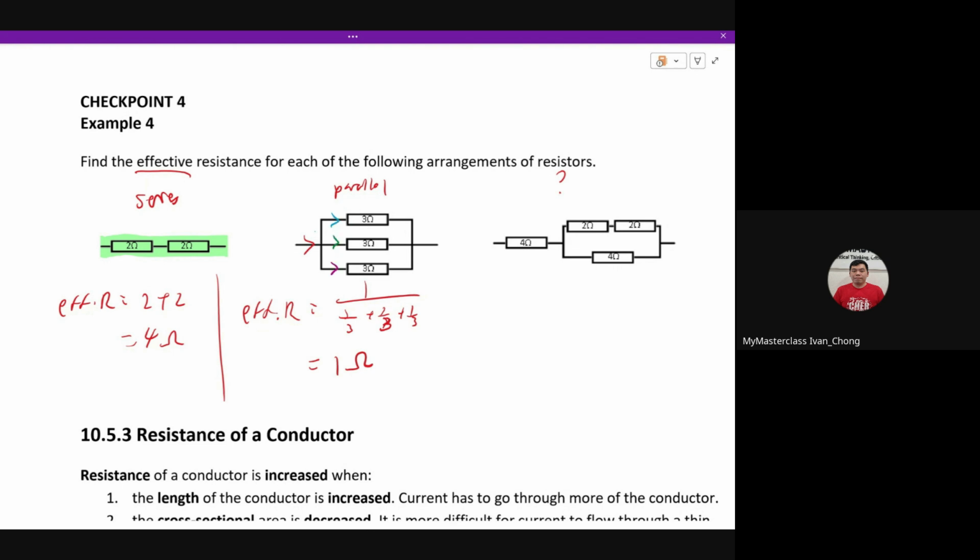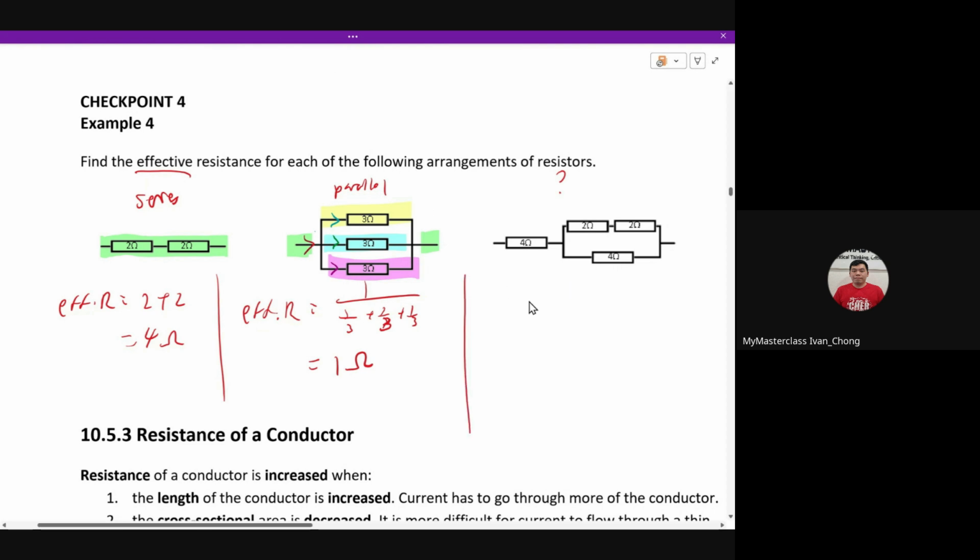Because I have 3 choices to make, I can choose which path I want to go. So I actually have less resistance because I now have the ability to choose. Your total current will split into path 1, path 2, path 3, so the resistance that is blocking you is going to be smaller.